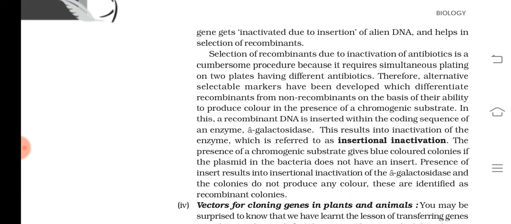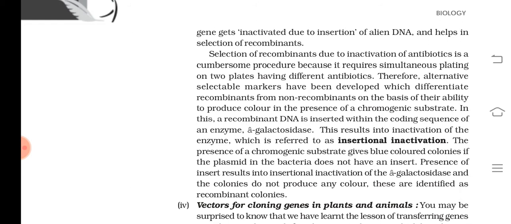markers help to select the recombinants from the non-recombinants, and these markers are usually some of the genes itself, like some antibiotic resistance genes. So when a gene of interest is inserted in that site of the antibiotic resistance gene, what will happen?